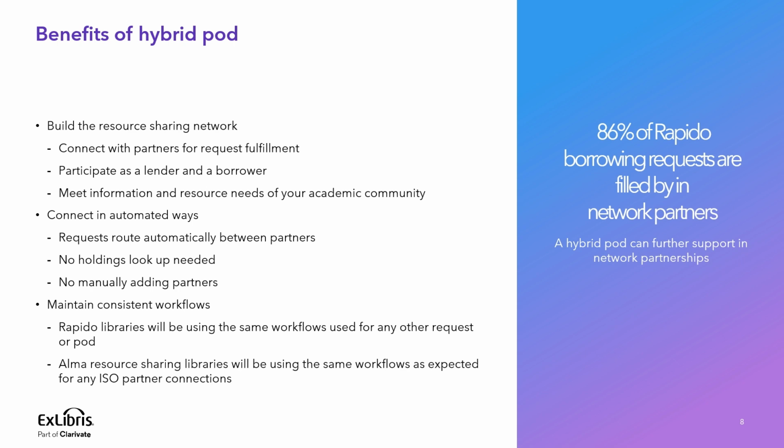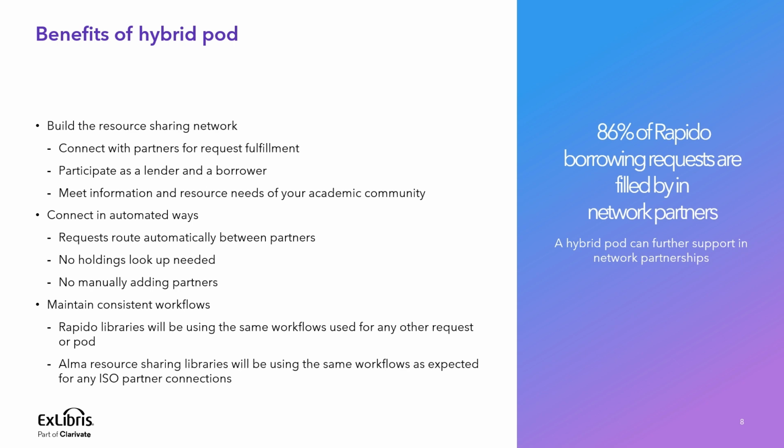When I look at the Rapido landscape, I see that 86% of Rapido borrowing requests are filled by in-network partners already. A hybrid pod can further support request and library fulfillment via these in-network partnerships through building more connections that maybe you don't yet have with one another today.